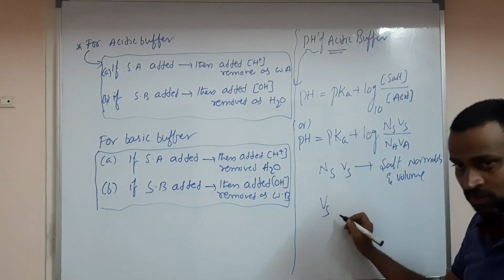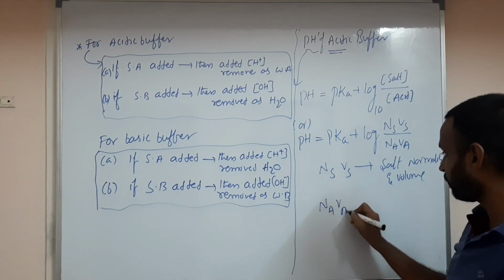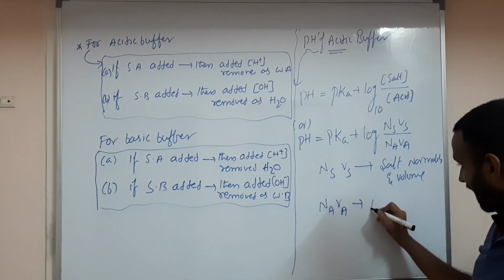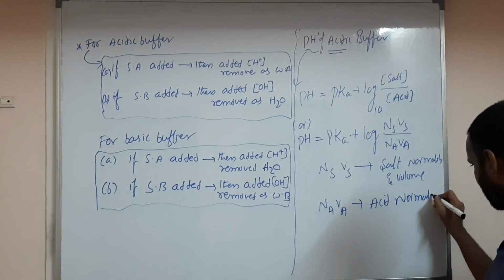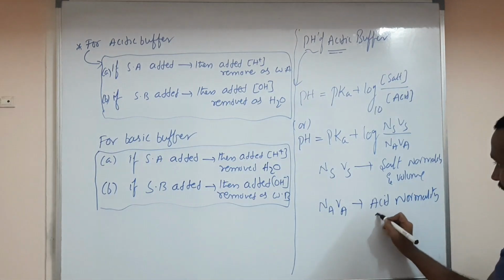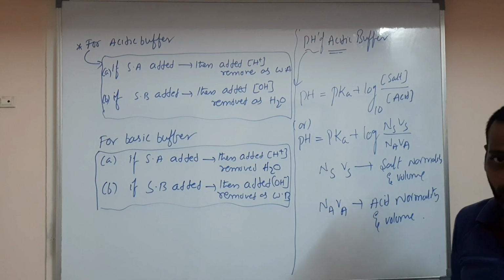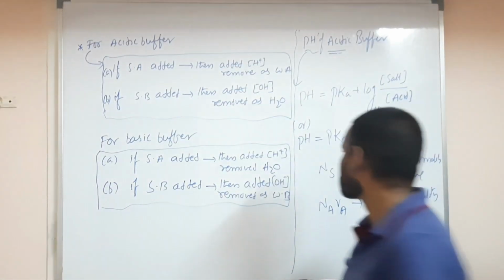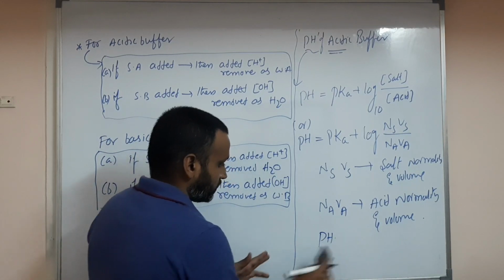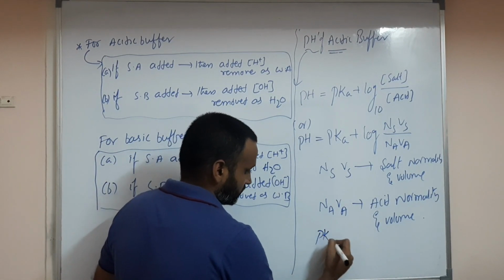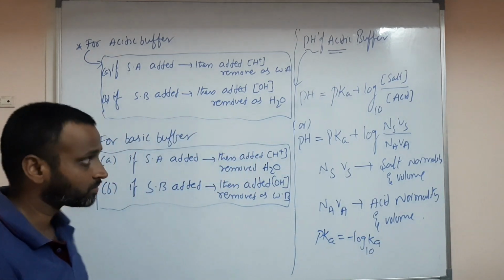NaVa is acid normality and acid volume. The same can you write for basic buffer? What is pKa? Everybody knows pKa is equal to minus log Ka to the base 10.